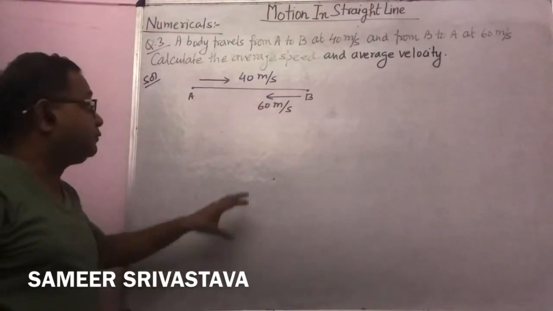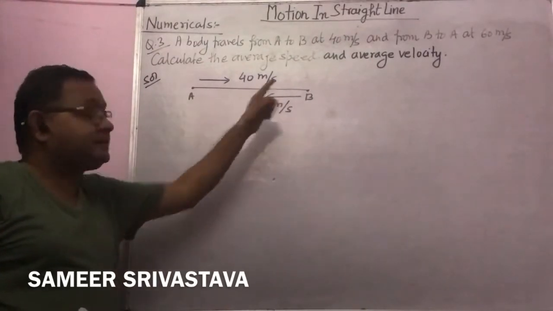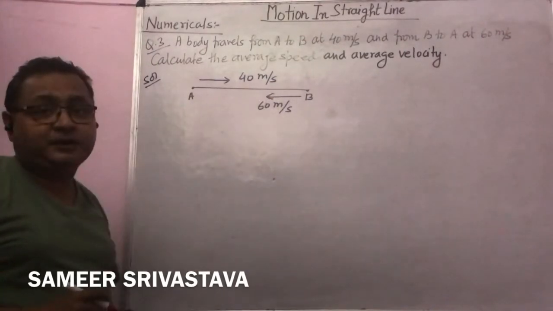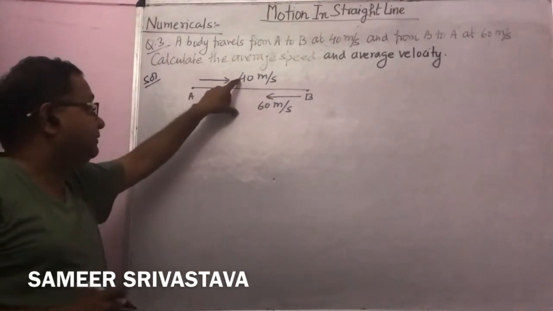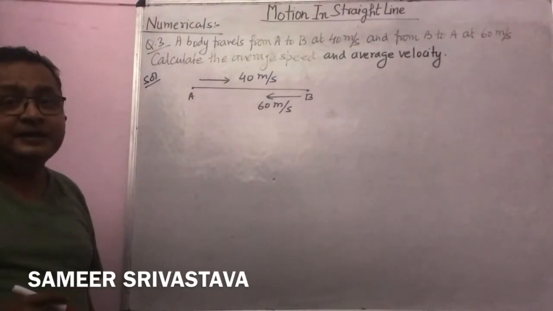Now student, to find the average speed, here we look, the distance traveled by the body is the same. So when the distance traveled by the body is the same and we have the values of velocity or speed, easily we can find the average speed.